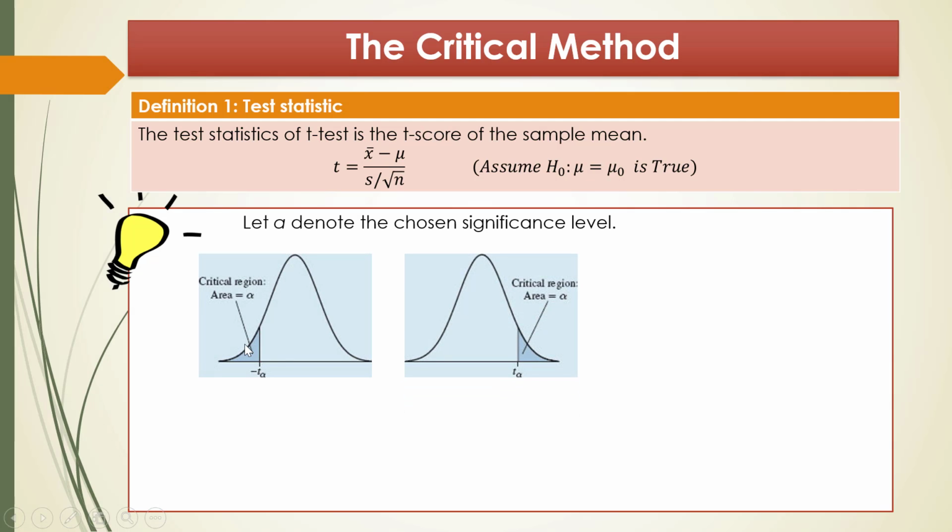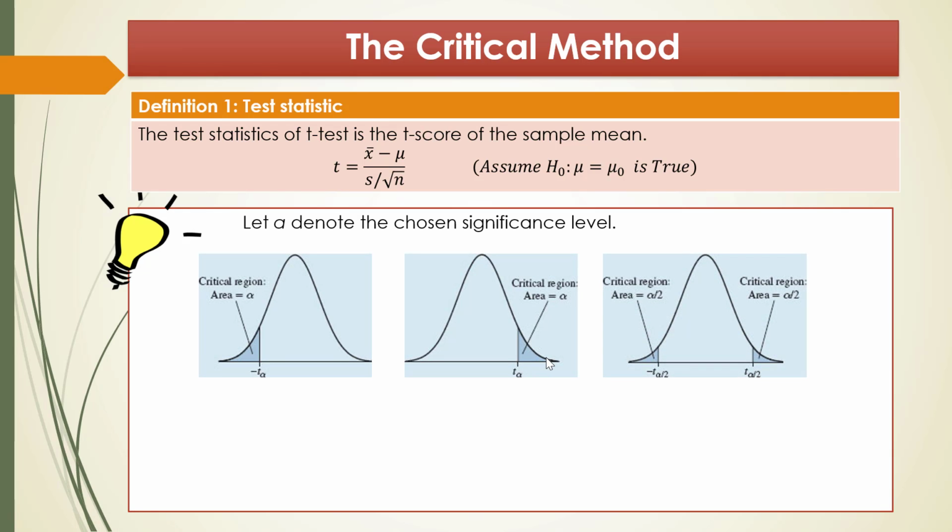For the right-tailed test, the critical value is t alpha with degrees of freedom n minus 1, and the critical region is the area to the right of the critical value under the student t distribution curve. And if we have a two-tailed test, we have two critical values, minus t alpha over 2 and t alpha over 2, and we have two critical regions. Those are the two tails under the student t curve.